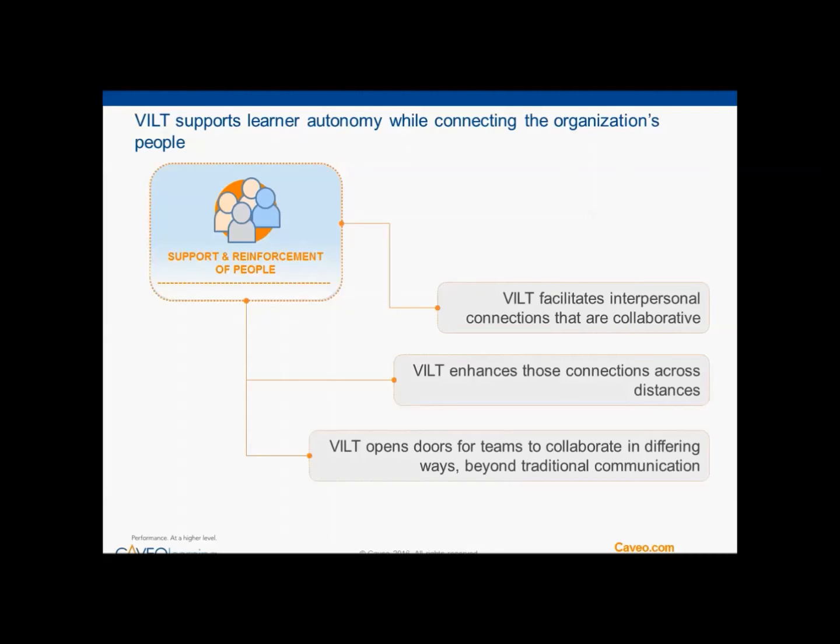When those learners have more control, you can use the blended format, such as what I've been describing with the VILT and some micro-learning and things like that. Your learners can have some control, so to speak, on what they complete when, where applicable, and then they can have that autonomy.